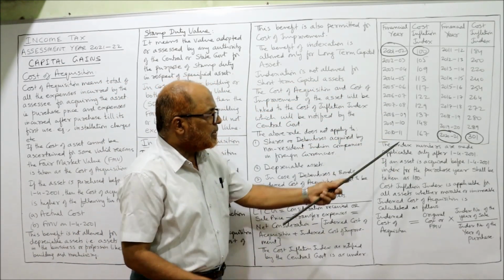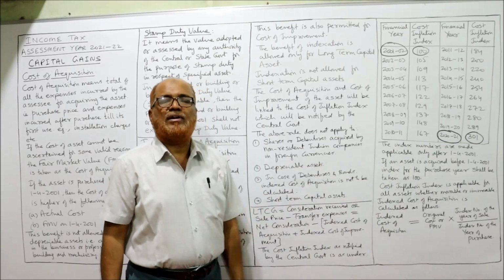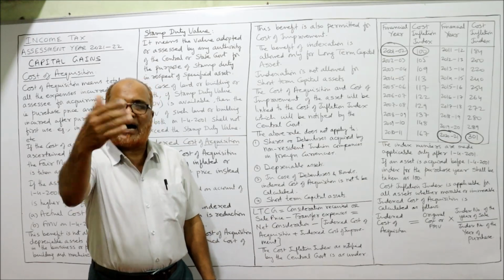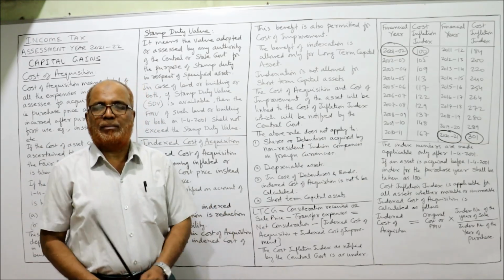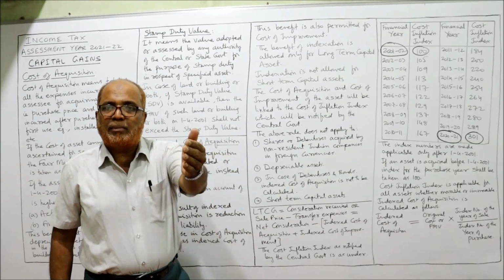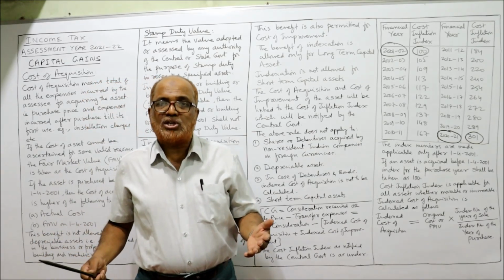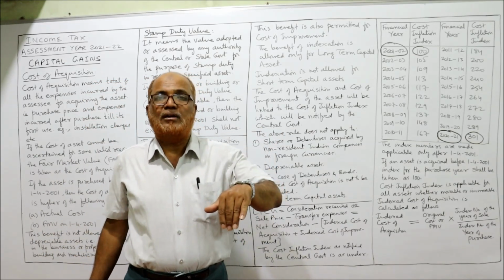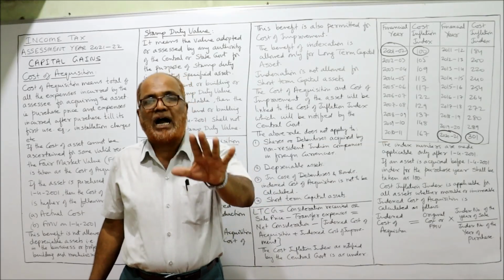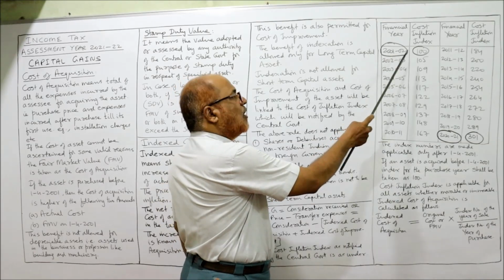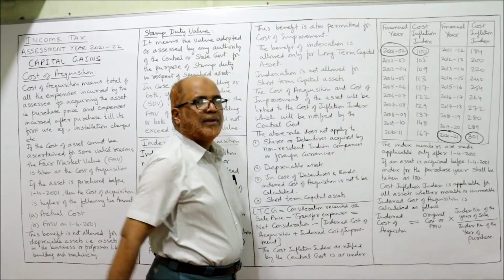Now, the index numbers are made applicable only after 1/4/2001. From 1st April 2001 onwards the index numbers are available; none are available before 1/4/2001. So, if an asset is purchased before 1/4/2001, the index number should be taken as 100. Whether it is purchased on 1/4/2001 or before that, we take 100.